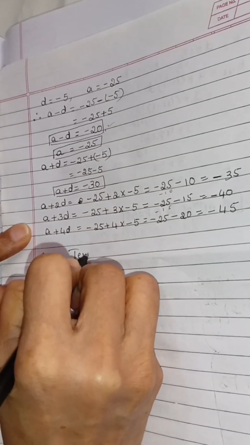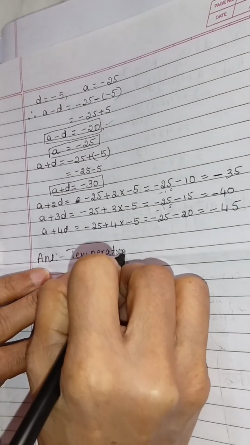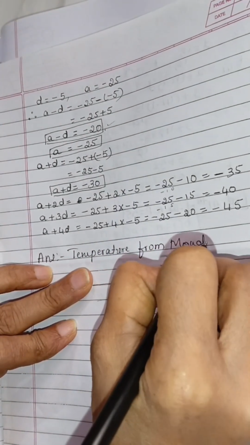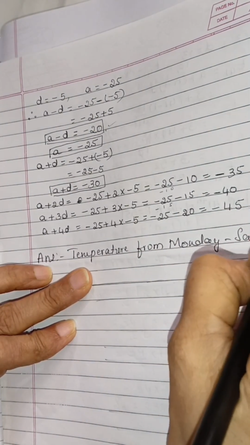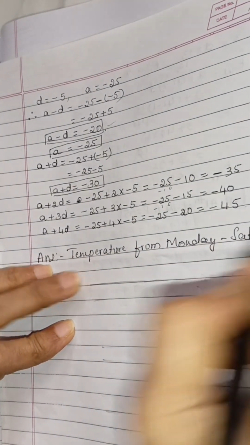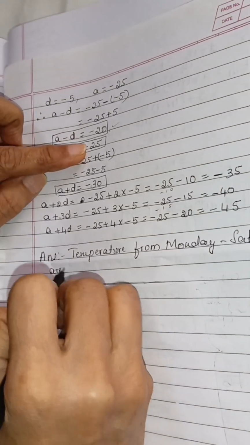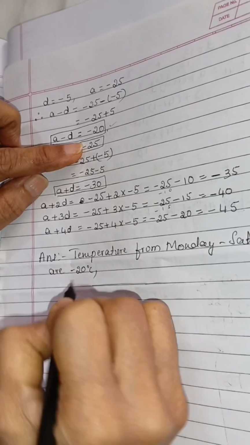Temperature from Monday to Saturday are, first one is a minus d, that is minus 20 degree Celsius.